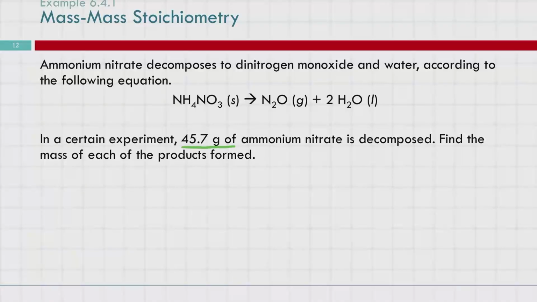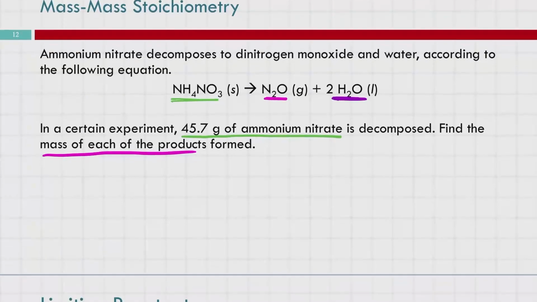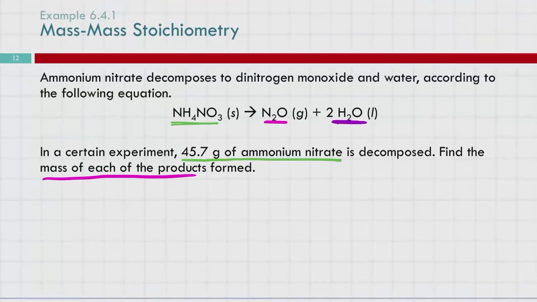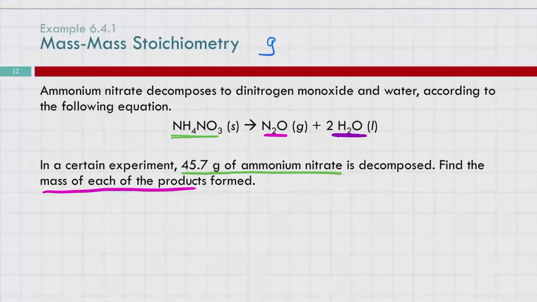So we're starting with grams of ammonium nitrate, and we're going to mass of each of the products, the N2O and the H2O. So we're going to need some molar masses for this. Our general solution map, I'll write it up here at the top, is going to be grams ammonium nitrate to moles of the same chemical.